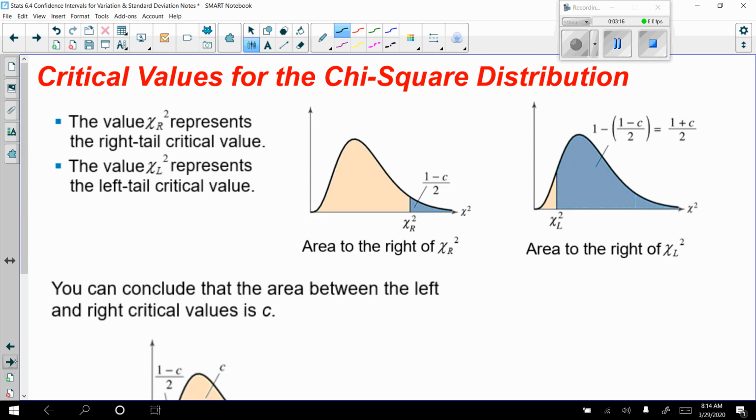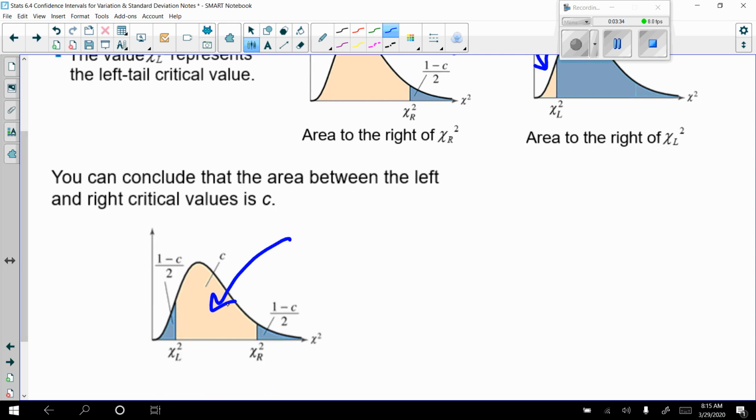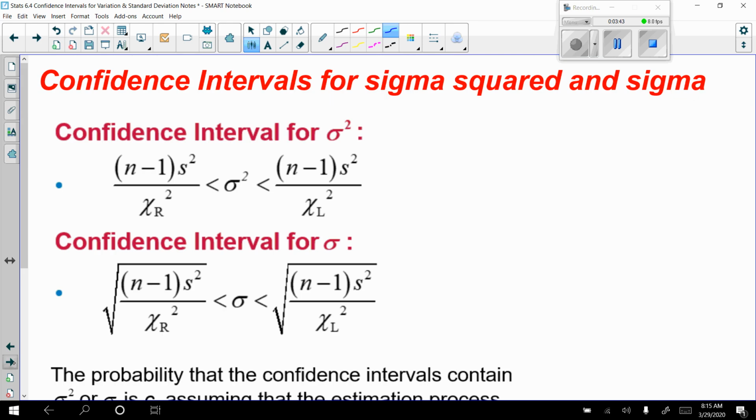When we're finding critical values for the chi-square distribution, we have to find how much area is to the right on the tail and how much area is to the left on the tail, and then subtract those to find our C that's in the middle. The way that we do that is to use these formulas.